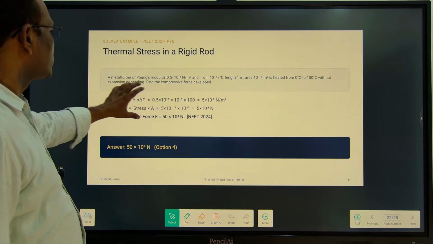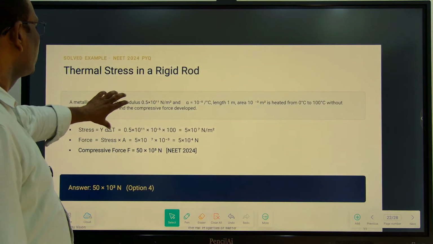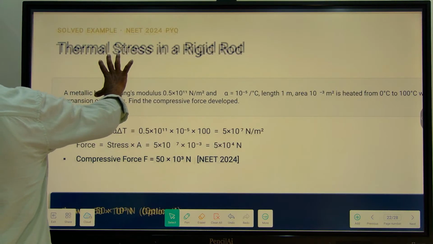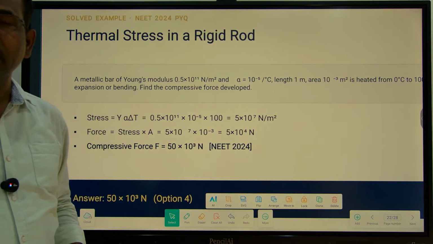So here one of the questions is there. Read this question clearly. Read the question and write.